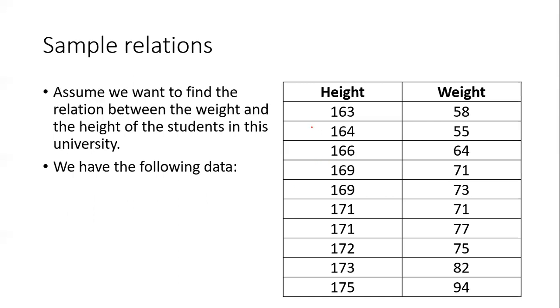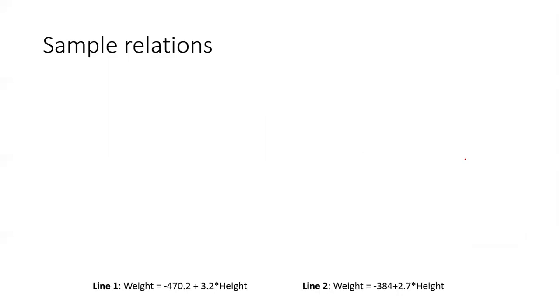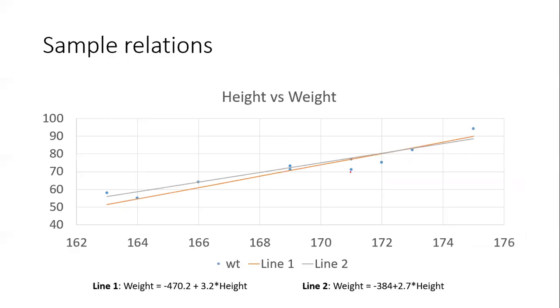So for example, let's look at these 10 students. 163, 164, these are the heights of the students, and these are the corresponding weights. So let's look at this one. I just plot them. This is the guy who has 163, and this is something like 59, I guess.